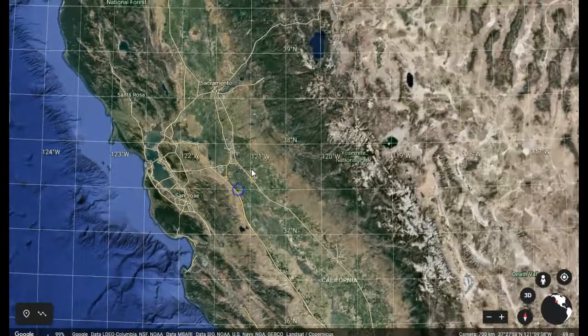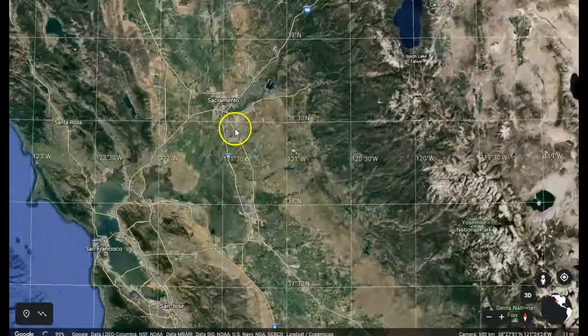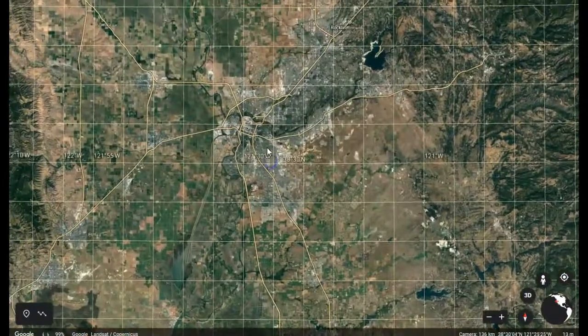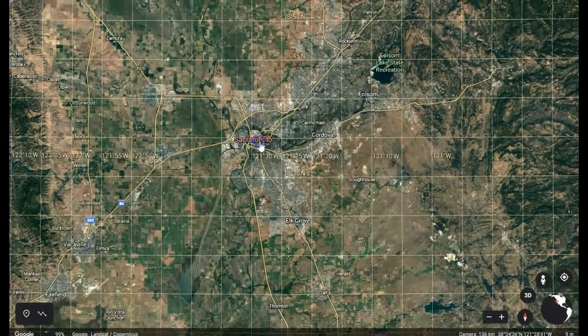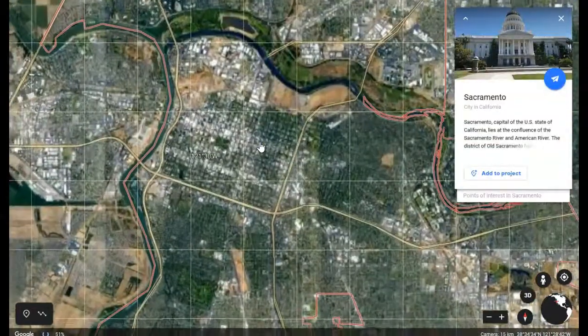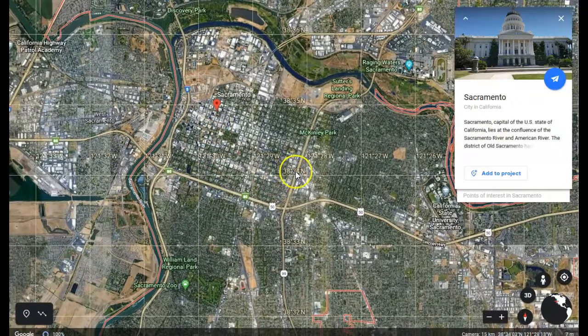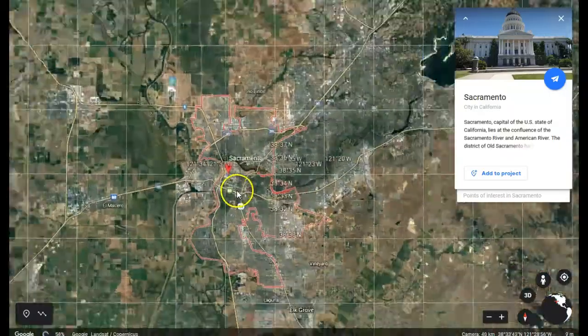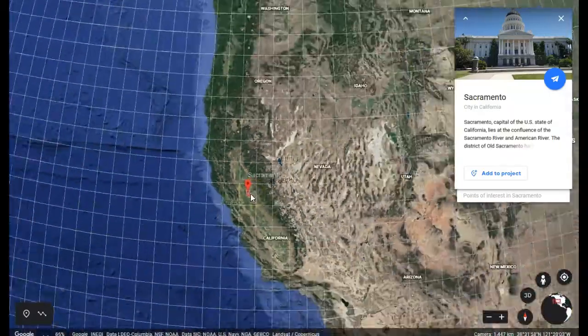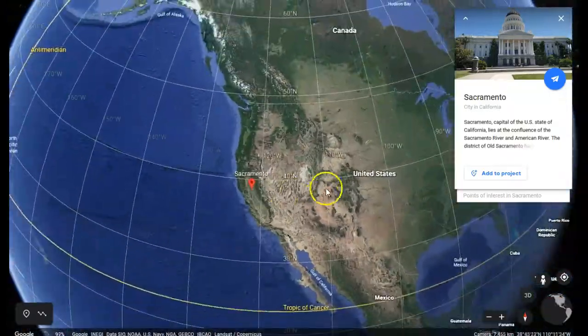If I wanted to know exactly where Sacramento was, I could scroll in here and say that it's very specifically at about 121 degrees 30 minutes west and 38 degrees 34 minutes north. So the latitude and longitude lines are a way for us to pinpoint exactly where somebody is on the globe.